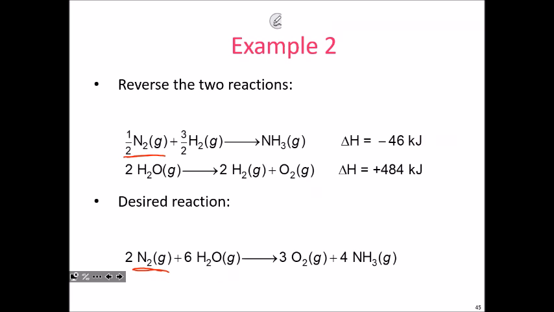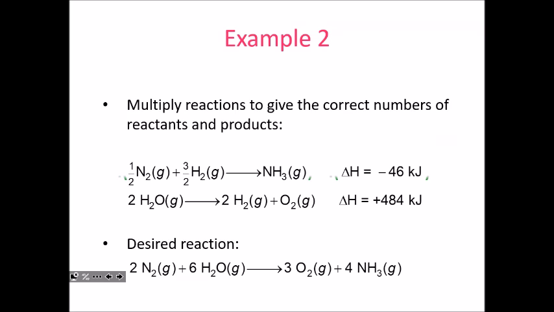What do we need to multiply that by in order to get a coefficient of 2? We need to multiply that by 4. So we're going to multiply that one by 4, like so. But if we multiply the equation by 4, we also multiply the delta H by 4.